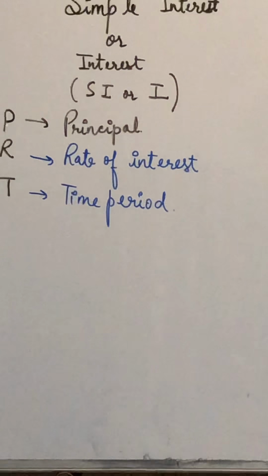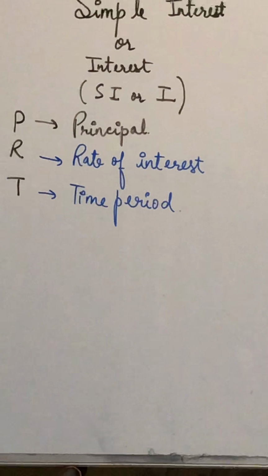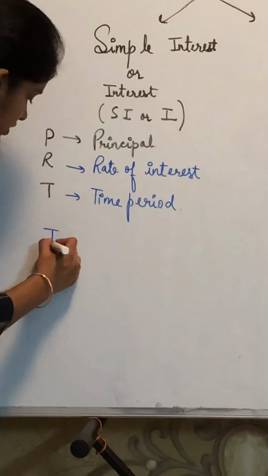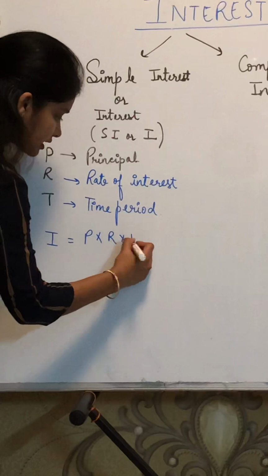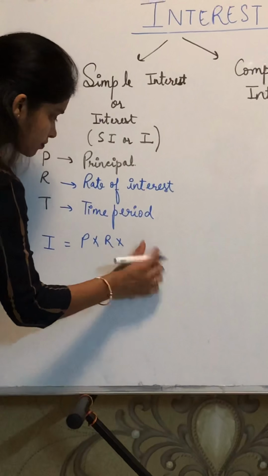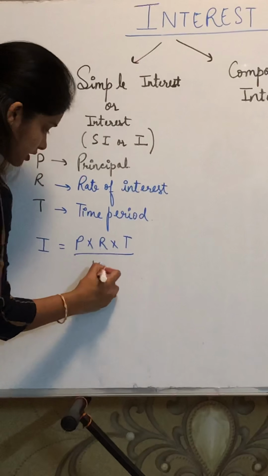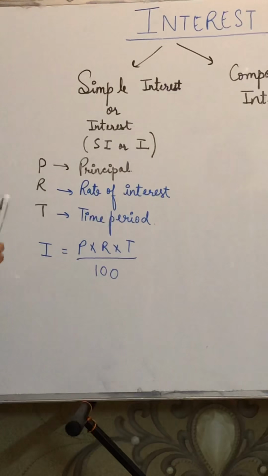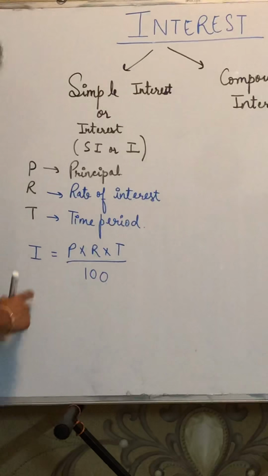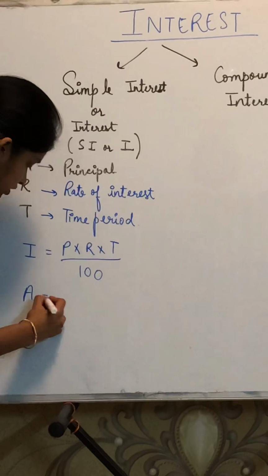And simple interest depends on these three factors and makes a formula for interest, which is P into R into T by 100, where T should be in years, not in months. Okay, so this is the interest. Now what is amount?